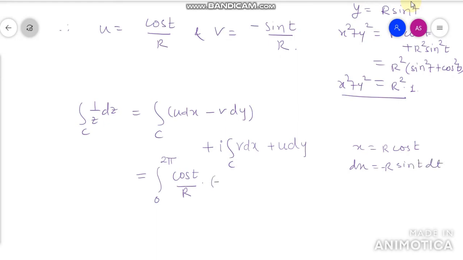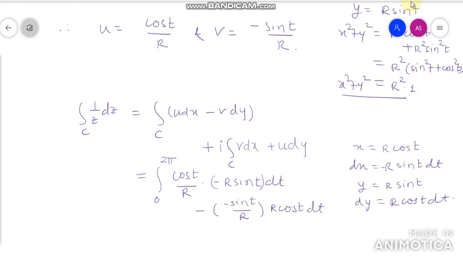So it is minus r sin t dt, minus, what is v? v is here minus sin t upon r into dy. dy, since y is equal to r sin t, then dy is equal to r cos t dt. Therefore it is r cos t dt.